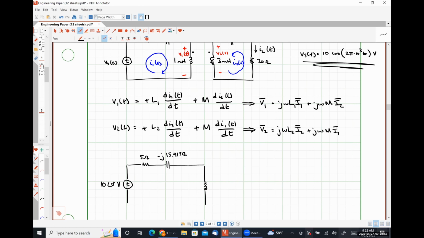What about my inductor L1? What's that impedance going to be? j omega L, okay. So 1j times 2 pi times 10 to the positive 3.